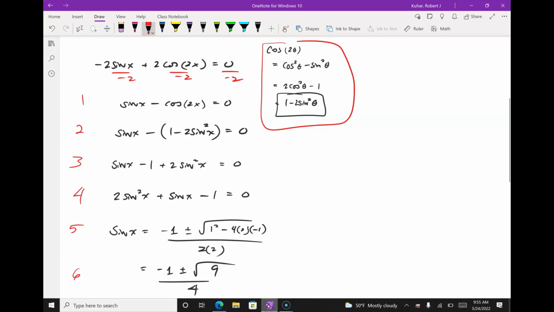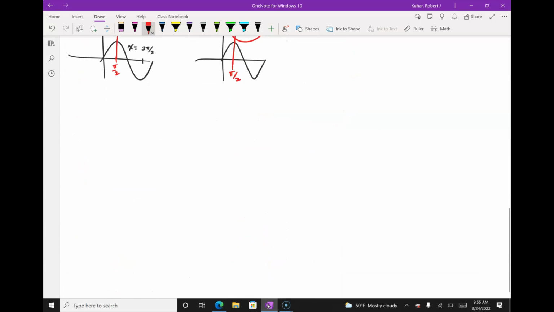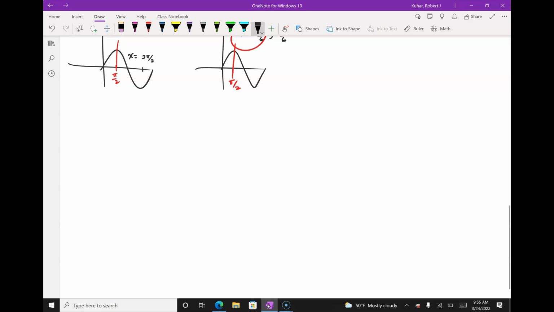All right, so we got our critical value, correct? So x equals pi over 6 is the critical value. And f of pi over 6 is going to be the height, right?